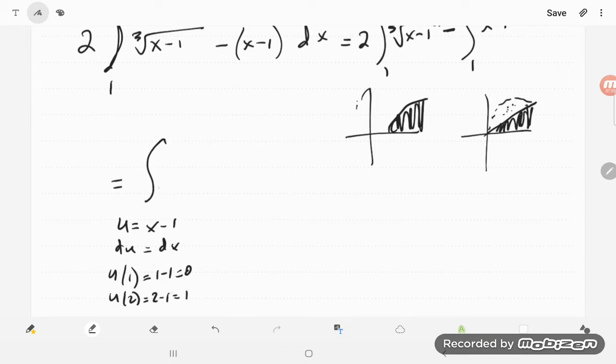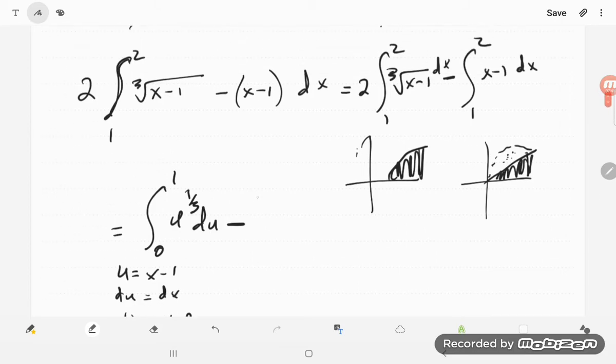And so that first integral, I go from 0 to 1 of u to the 1/3 du, and then minus this integral that I can just do right now. I get a minus x squared over 2 and a minus x from 1 to 2.